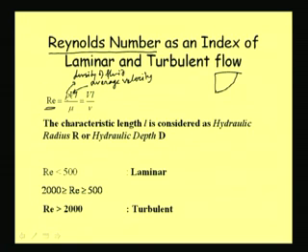Then this L is characteristic length. So this L represents a length term, and based on the problem, whichever length term is significant, we take that length term. Say for a pipe, we consider this length term to be the diameter of the pipe, when we talk about the Reynolds number of a pipe.